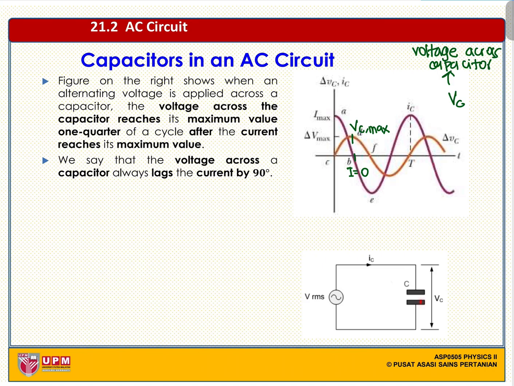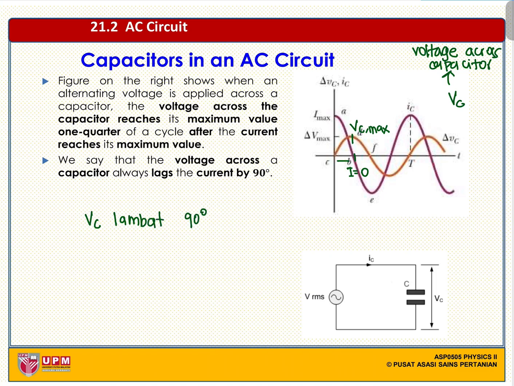When there is no charge between the capacitor, your current can flow at maximum back, but this maximum current is in a different direction. Okay? Alright. Because the current reaches its maximum first, after something like 90 degrees, only then does your V across the capacitor reach maximum. So that means your VC lags by 90 degrees.